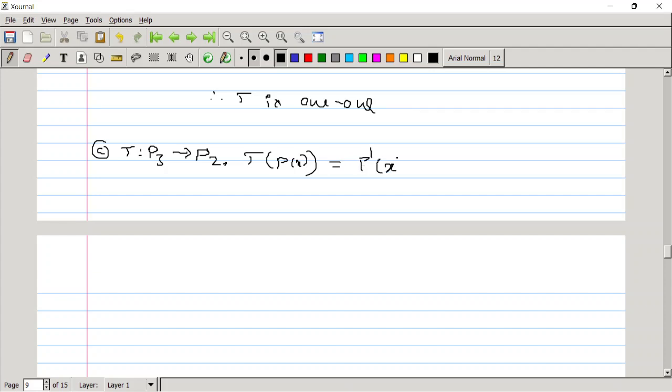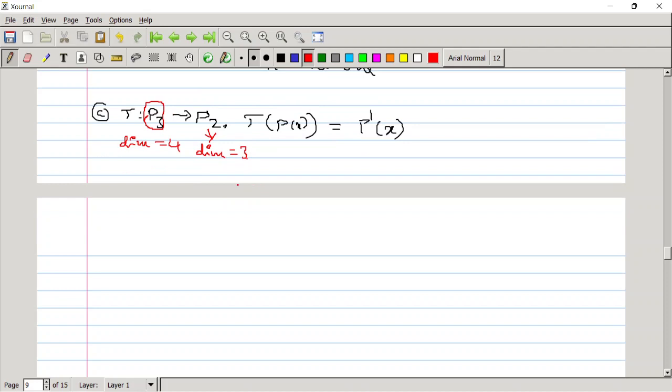is p'(x). So if you can see here for the vector spaces P3 and P2, for P3 the dimension is 4, but the dimension of the codomain, that is P2, is 3. So from this we can say the dimensions of the domain and codomain are not equal.